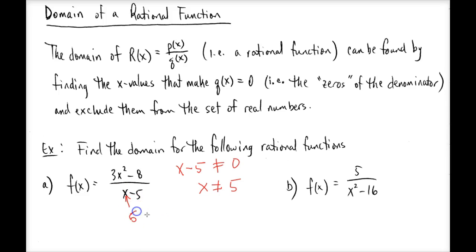And of course we can't have that because that means that the function is undefined at that particular x value. So because of that, we know that our domain is going to be all real numbers except for 5. And so we could express that this way in set notation, or we could do it this way in interval notation.